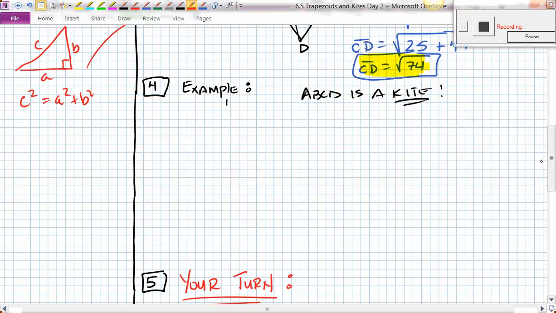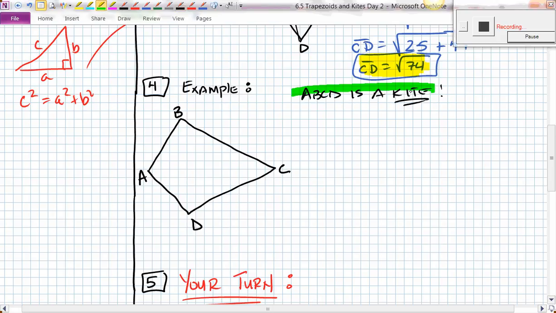Okay. Next example, also draw yourself a big kite, but draw it sideways. So ABCD is a kite. That tells us that in the problem.